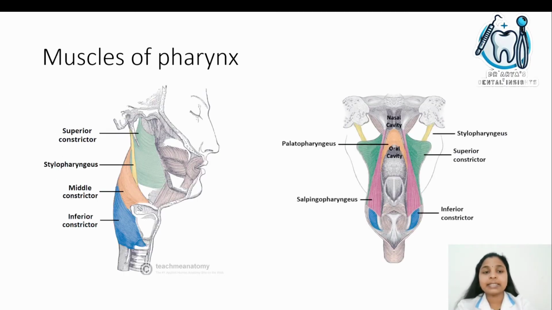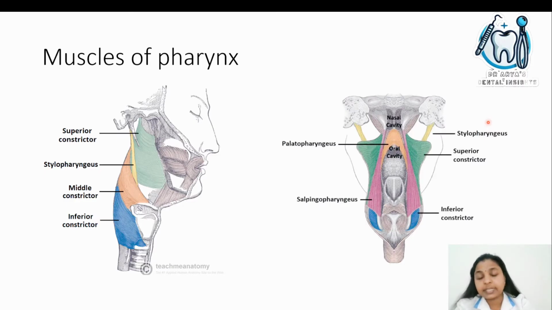So the muscles of the pharynx are 3 constrictor muscles and 3 longitudinal muscles. The 3 constrictor muscles are superior constrictor, middle constrictor and inferior constrictor. And the 3 longitudinal muscles are stylopharyngeus, palatopharyngeus and salpingopharyngeus. So here you have to know the innervation of the muscles of the pharynx.